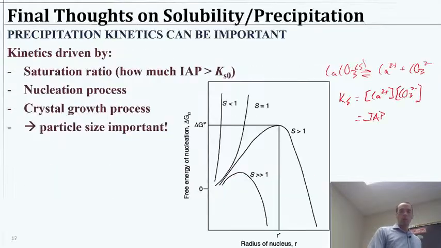We could look a little more into the nature of how these crystals grow, and there are some things we could study on that. But I'm going to leave it off at that point for now. Any questions on all that?